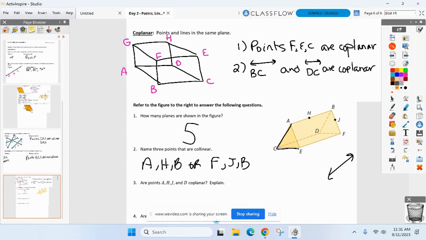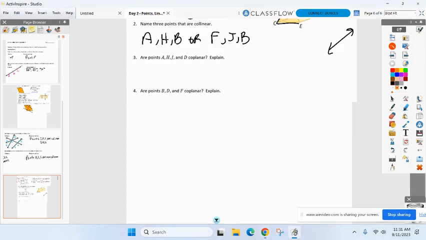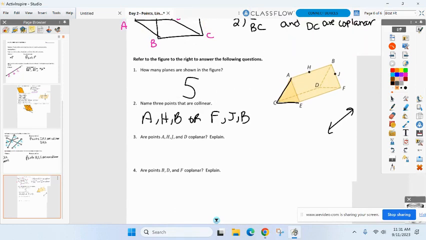Now here's where we get complicated. Are A, H, J, D coplanar? How many points did I just list off for you? 4. I'm looking for all 4 to be on the same plane, not 3 out of 4. That won't cut it. It's got to be all 4 of those points. So watch.